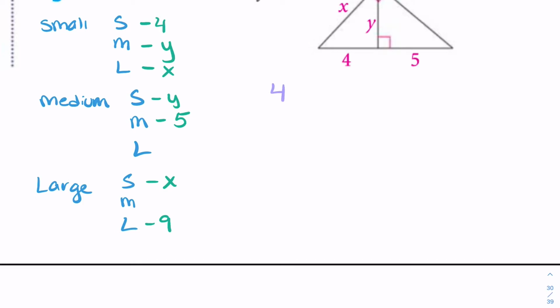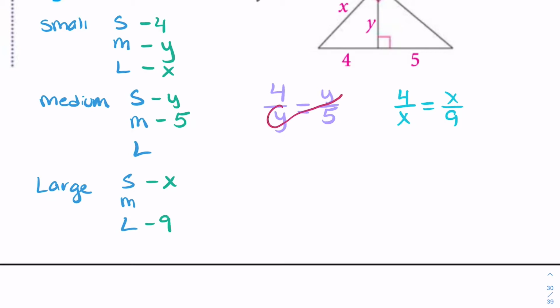I know 4 is to y as y is to 5. I'm going from triangle to triangle. You don't want to stay within the triangle. And my other statement is 4 is to x as x is to 9.